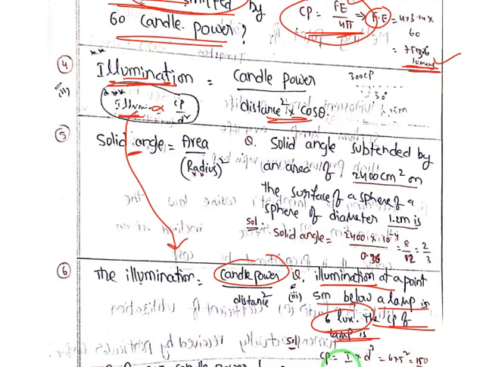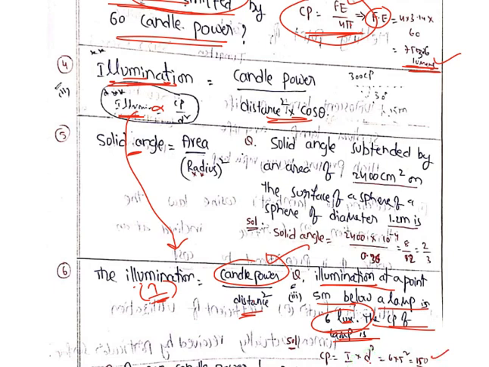So Cp equals I into d square. Illumination is given as 6, the unit is lux, so you know it is illumination. So 6 into distance, which is given as 5, so 6 into 5 square gives 150 candle power.